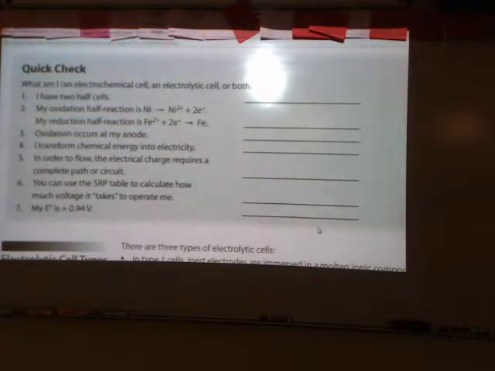For number 2, I'd say it's electrochemical. No, it's electrolytic.